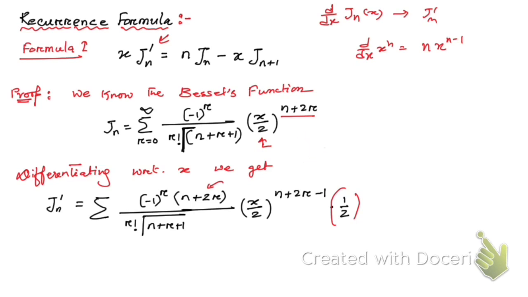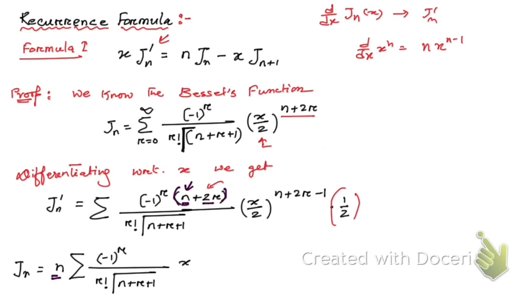So now here you see, what we're going to do is open this bracket. That means the whole term will be multiplied by n plus 2r. So let me simplify it that way. This n multiplied by this (-1) to the power r divided by r factorial gamma of (n plus r plus 1) and (x by 2) whole to the power n plus 2r minus 1, then into half.